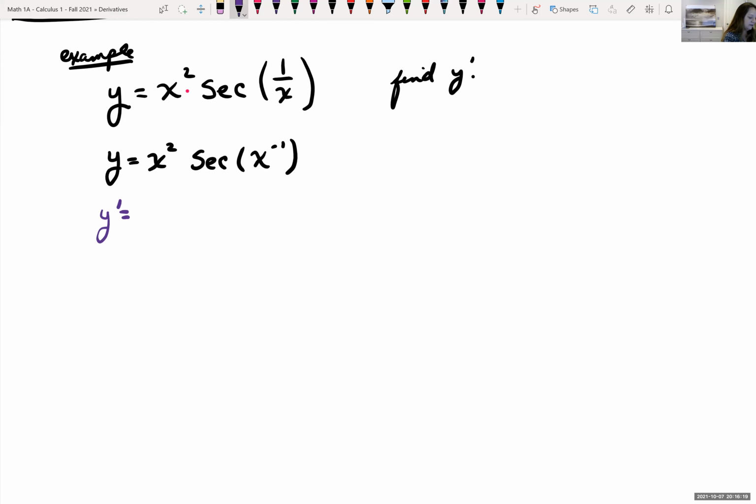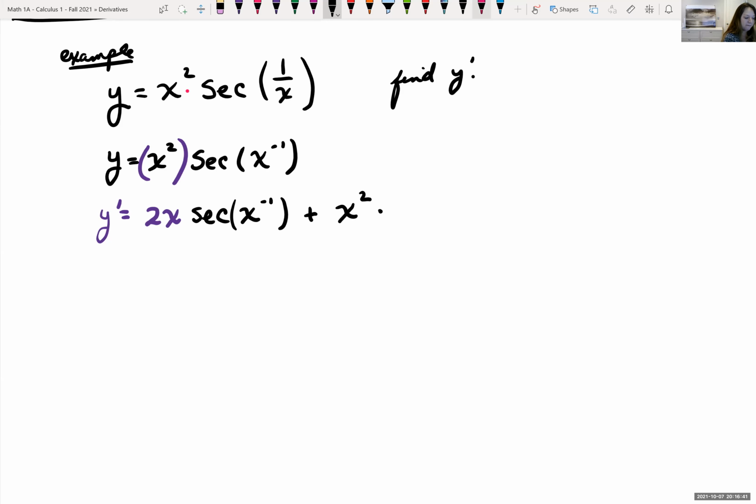So the derivative of our first, not bad, right? 2x times the second, secant of x to the -1 power, plus the first, x squared, times the derivative of secant of x to the -1 power.